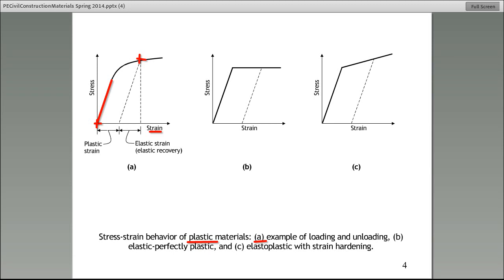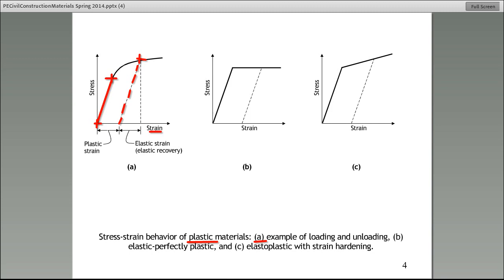And then at this point, this red cross point, let's say that we remove the load. Once we remove the load, and this is very important that you understand, the material returns along this red dotted line. And why is that? Well, because we have loaded it above its yield point.